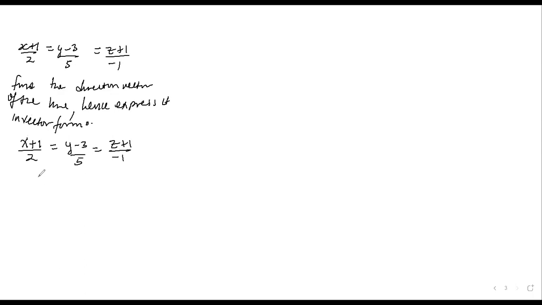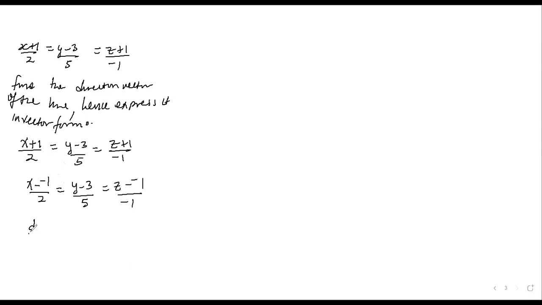Now, firstly, we need to find the vector equation of the line, but we need to find the direction vector. So I've told you, you cannot find the direction vector before first extracting out. In case you have this, it's the same as x minus minus 1 over 2 is equal to y minus 3, that one is okay, is equal to z minus minus 1 over negative 1.